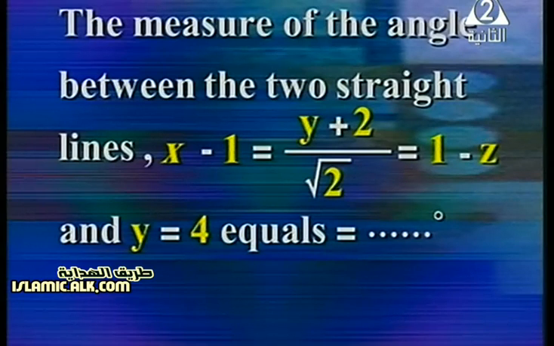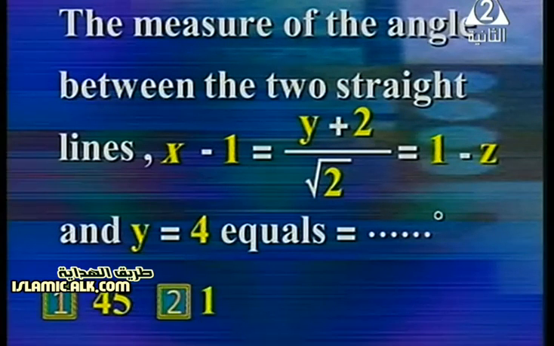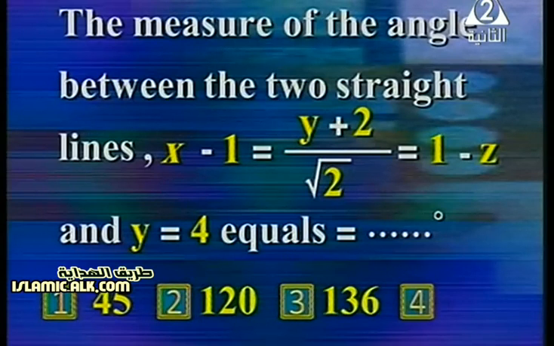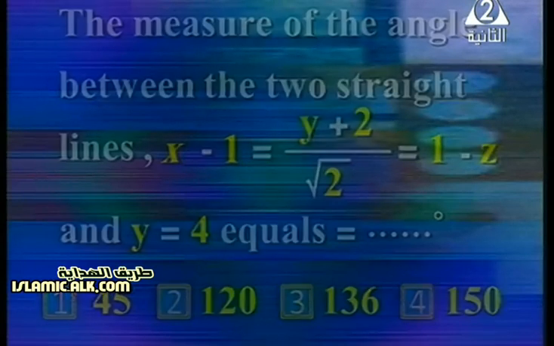The first line has equation x minus 1 equals y plus 2 over root 2 equals 1 minus z. The second line is y equals 4. What is the measure of the angle between them? The options are 45, 120, 136, 106, 150. At first, d1 is (-1, 1, 0).